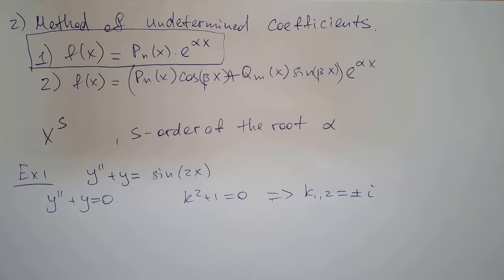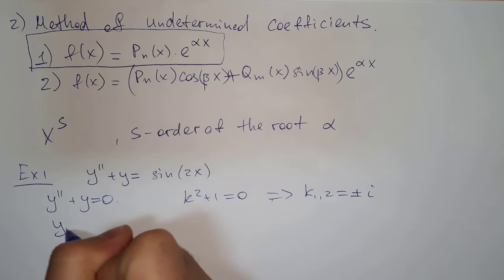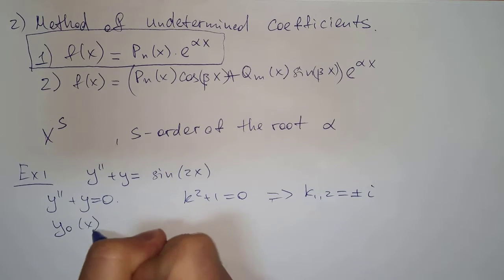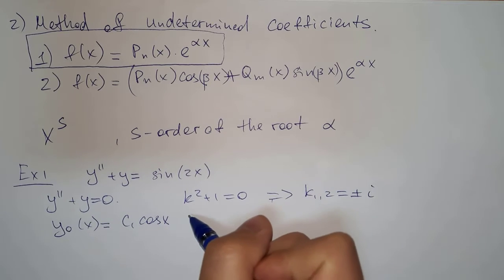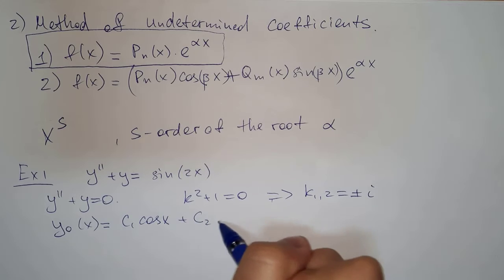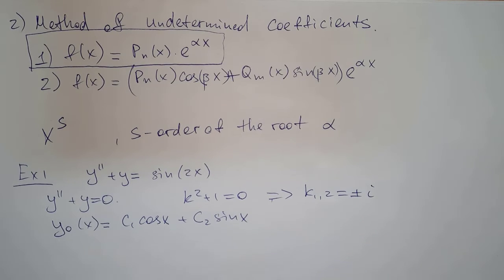So the general solution of the homogeneous equation is given by y0 of x equals c1 cosine x plus c2 sine x, because alpha is 0 and beta is 1.